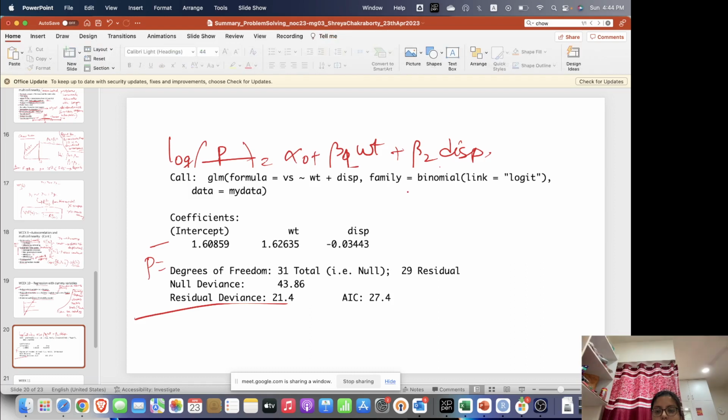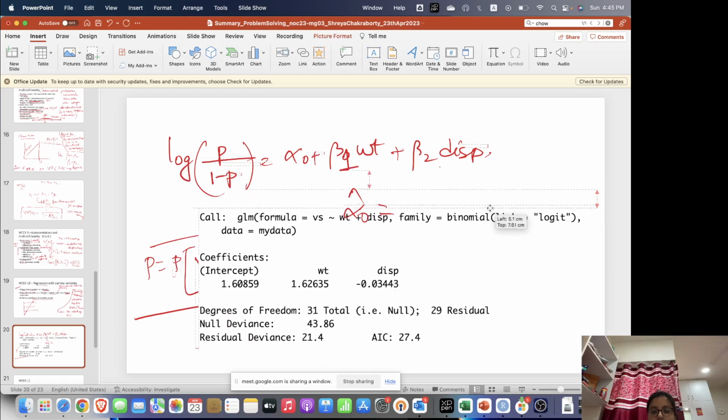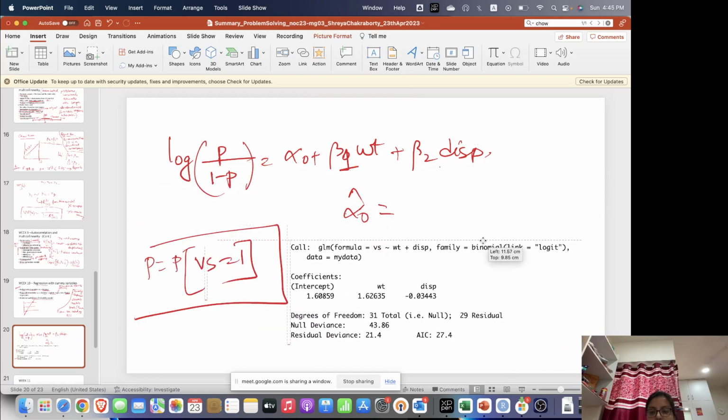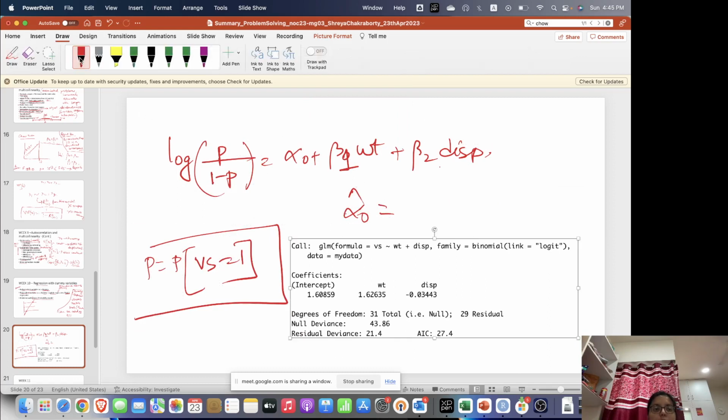Okay, let's say this is my model. So here I have alpha naught hat, beta 1 hat, and beta 2 hat.